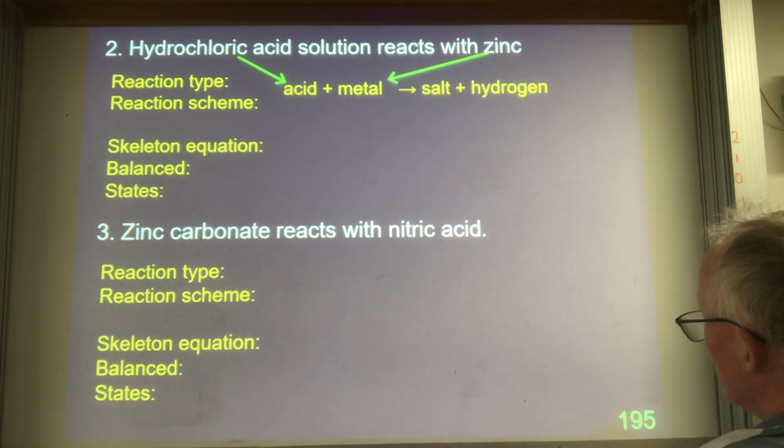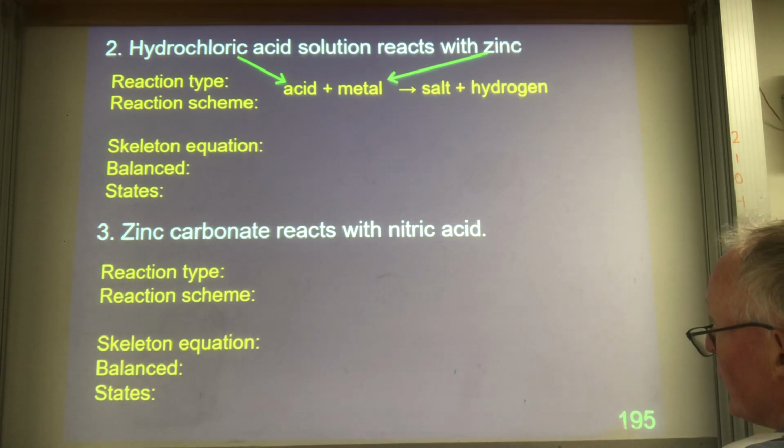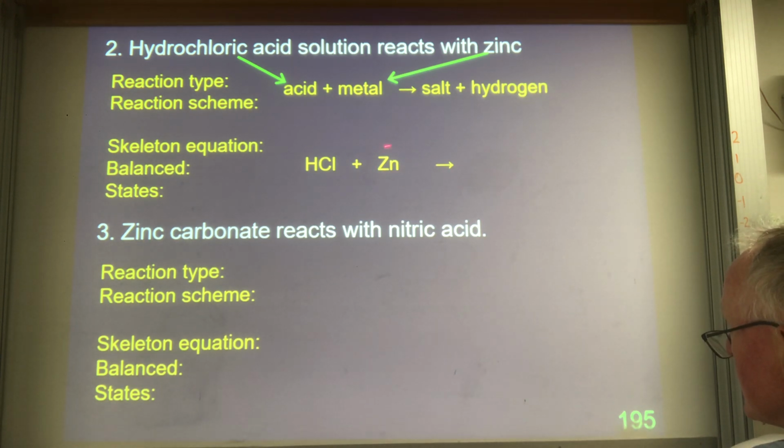So, easy chemicals to write the formulas of, it's going to be zinc plus HCl. The H's are going to end up as hydrogen gas, so the salt's going to be zinc cations with chloride anions. Zinc is 2 plus, chloride is 1 minus, therefore we're going to get zinc chloride.